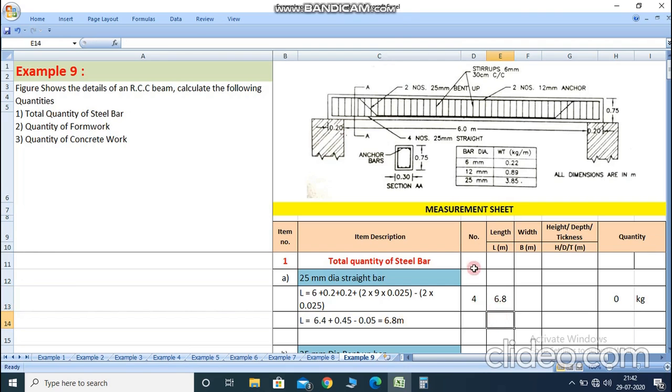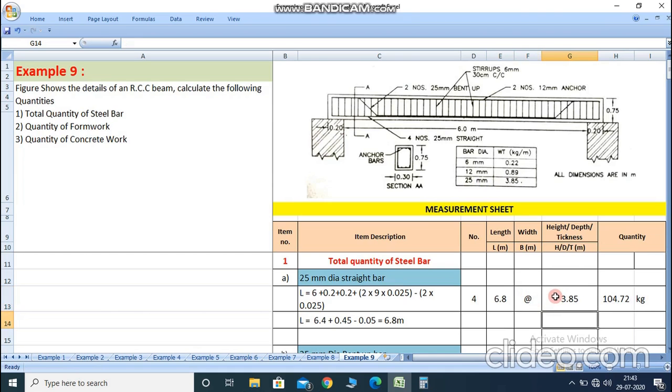Now see this table. In this figure, a table is given, the diameter of the bar is given, and weight in kg per meter is given. So for the 25 mm diameter bar, if we take 1 meter length, the total weight is 3.85 kg, at the rate of 3.85 per meter length.